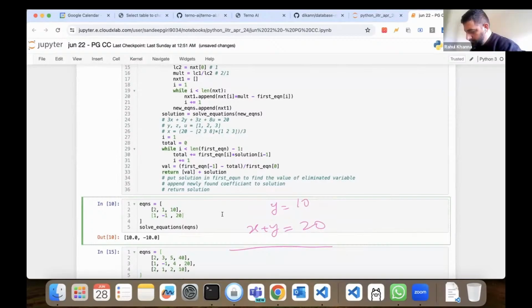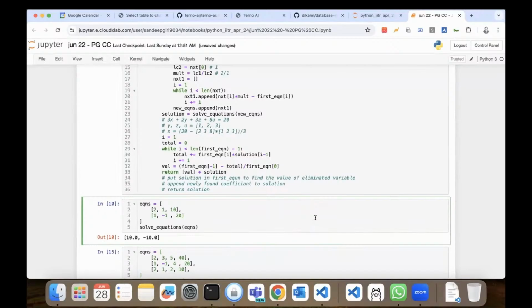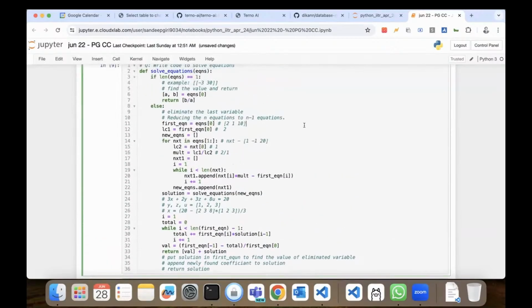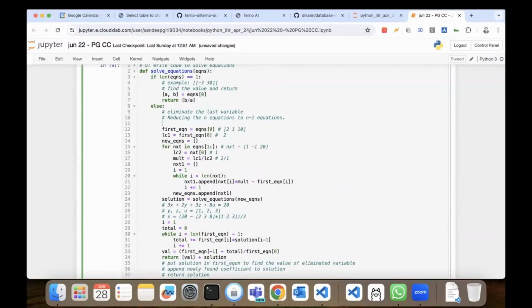All right. So what we will do is we will try to go over all the equations.